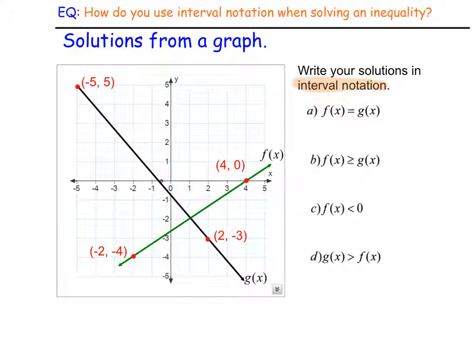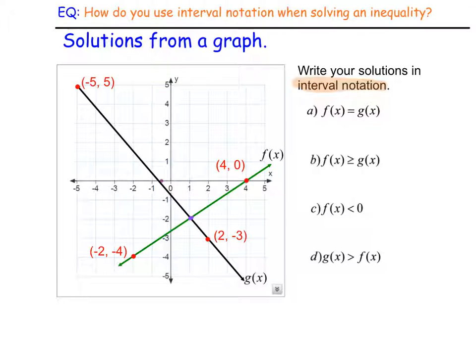So where's the y value of f equal to the y value of g? Our solution is going to be that x value, the x value when y of f is the same as y of g. That is the intersection point. So there's our x value when the two y values are the same.